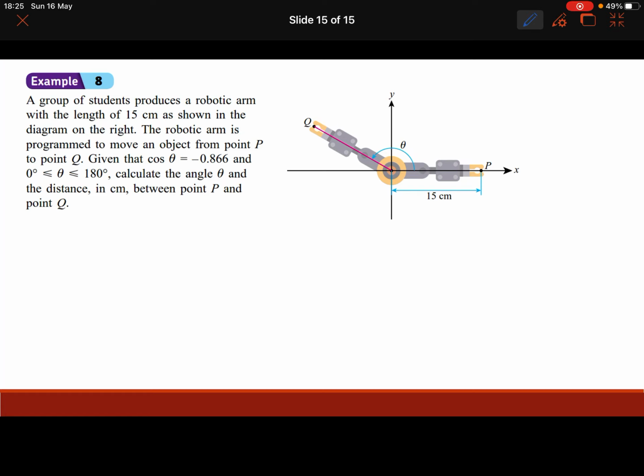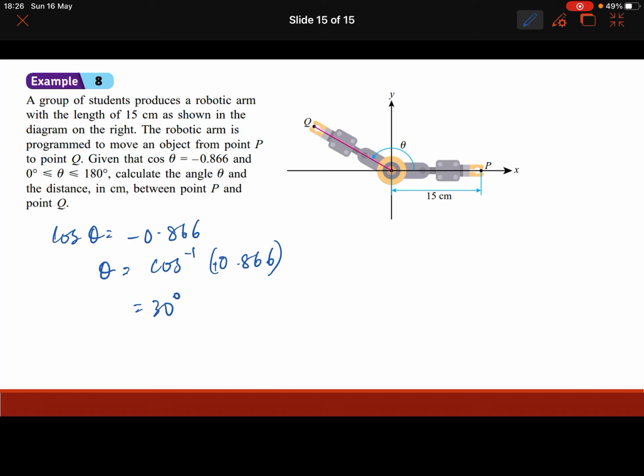Okay, we know that cos theta equals negative 0.866. So theta is the inverse cos of 0.866, which equals 30 degrees. Calculate the angle theta.